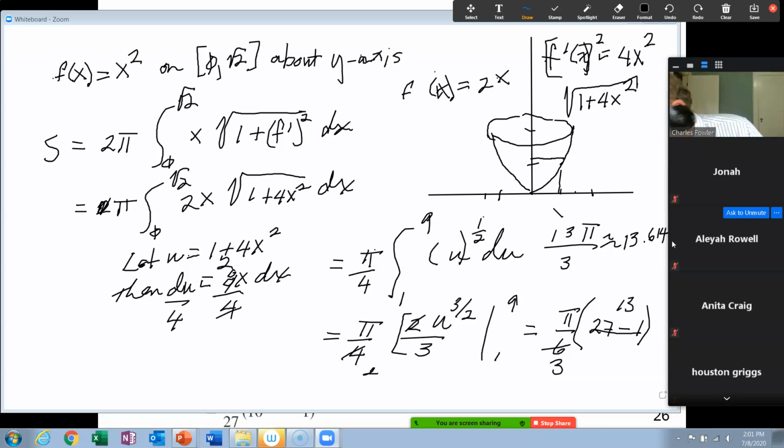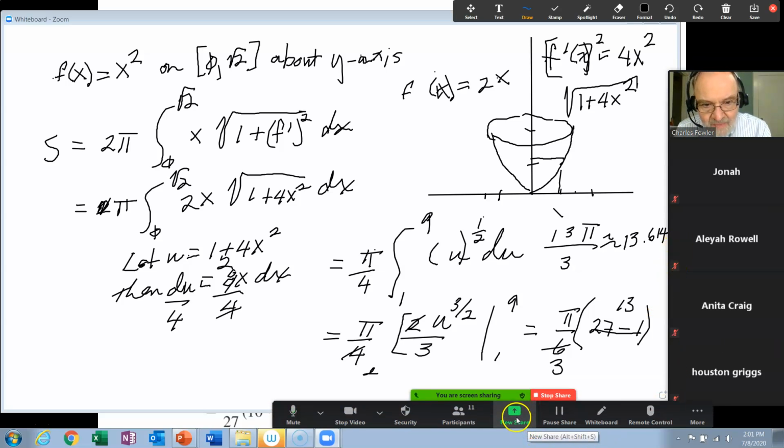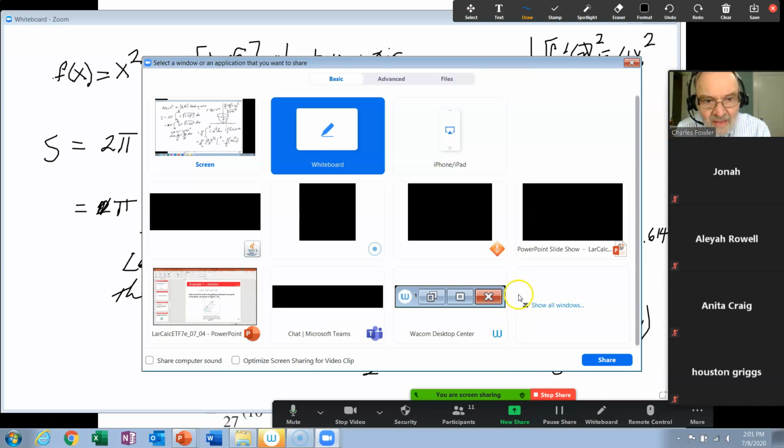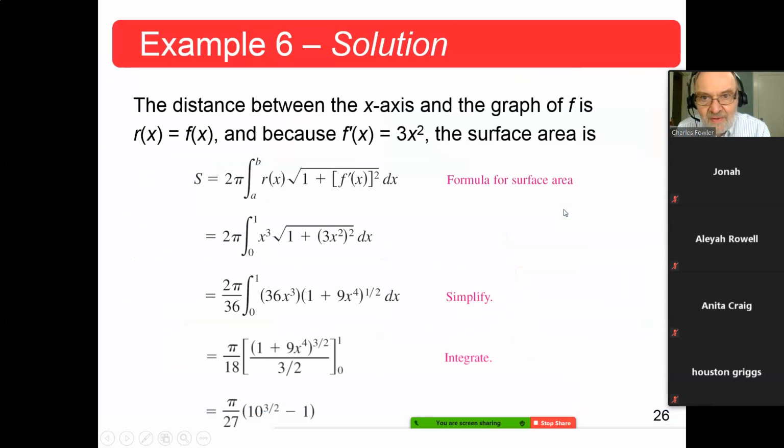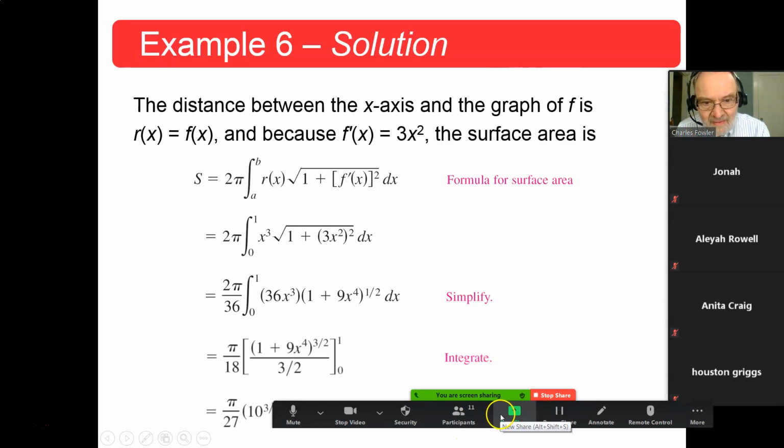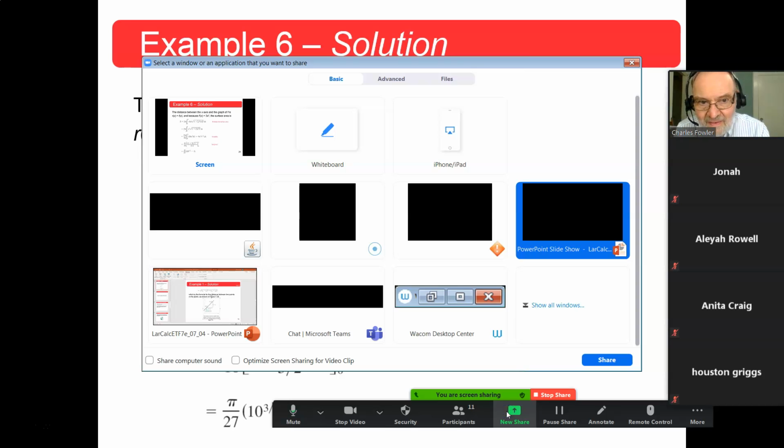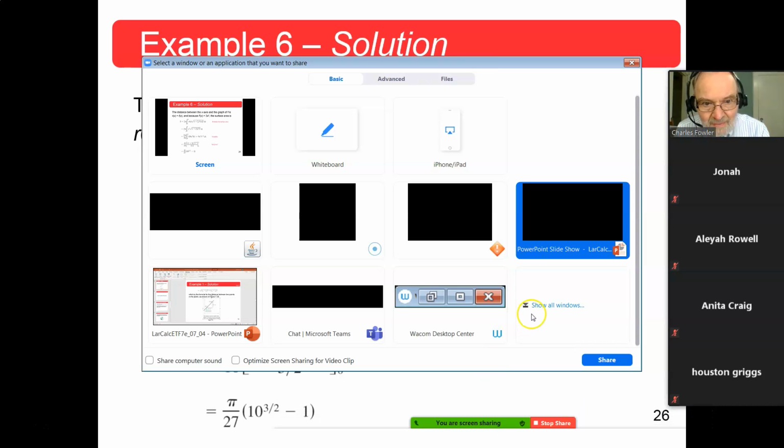All right, now we're moving to 7.5. So let's go back to our screen share, and I think this is 7.5 here. It sure doesn't look like it. Let's go back. I had it up here, and now it doesn't seem to be here. So let me pause for a moment here.